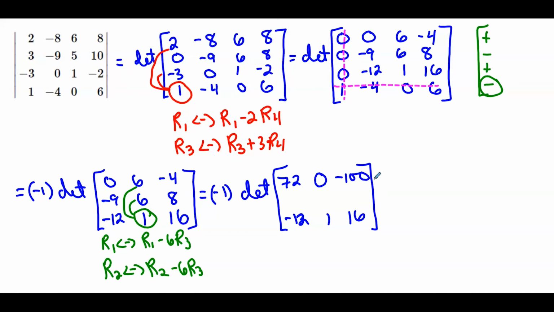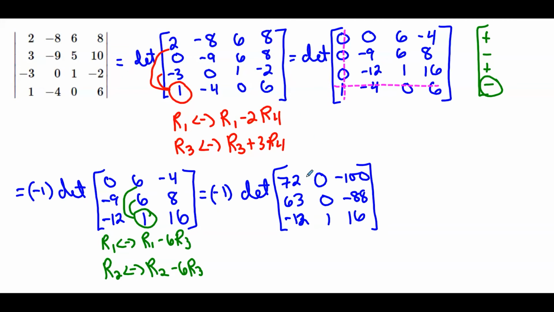So negative 4 minus 96 would be negative 100. In the second row, negative 9 plus 72 will be 63. 6 minus 6. 8 minus 96. Negative 88.